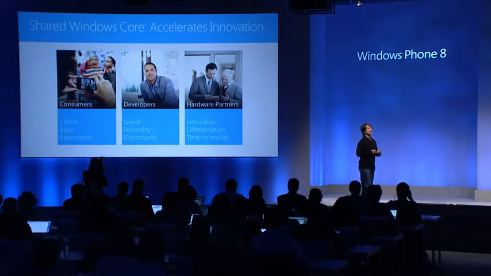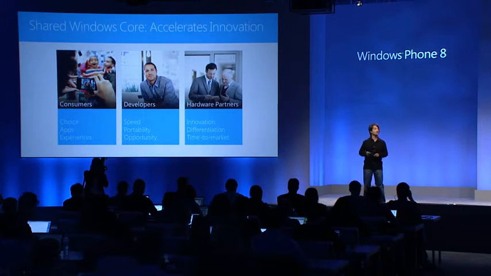The hardware partners in particular benefit from the shared core in some really interesting ways. At the heart of that shared core, the kernel exposes a driver model for many of the devices and components in a phone or a slate or a laptop or a PC.